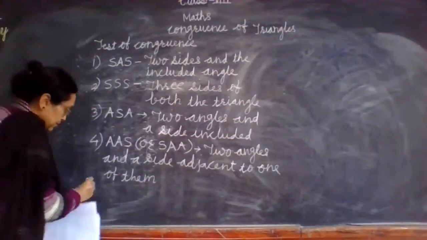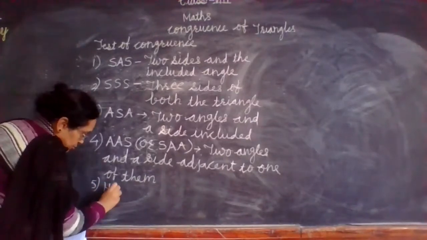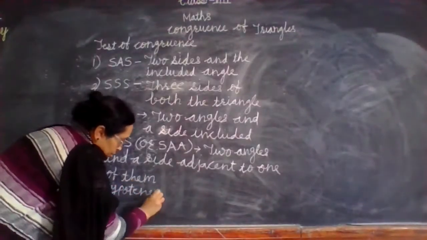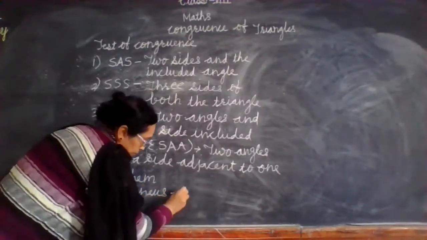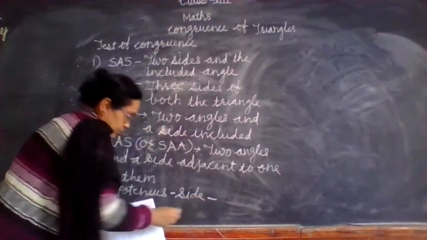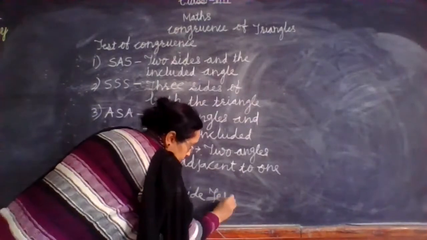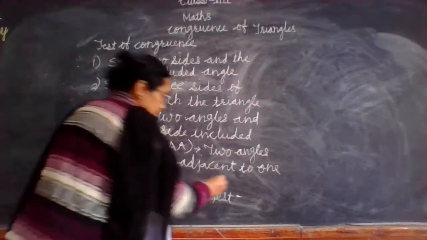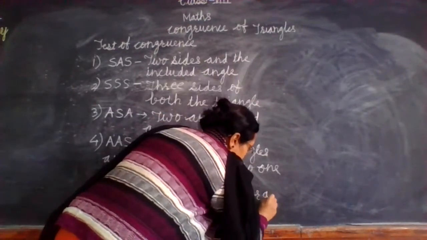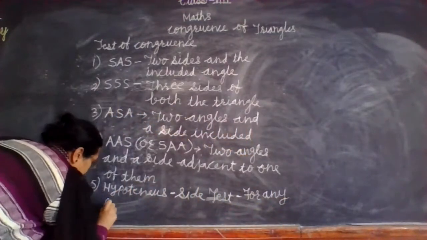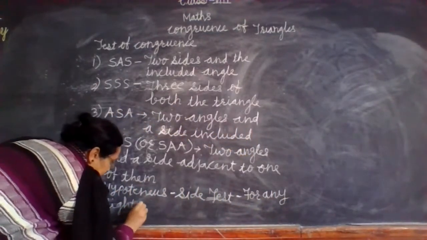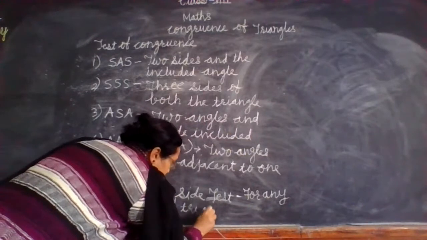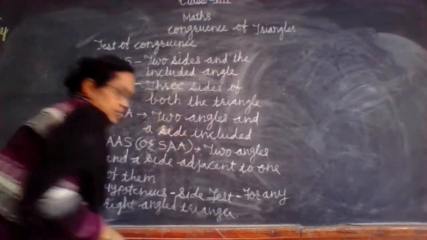And last is the hypotenuse side test. This is for any right angle triangle.